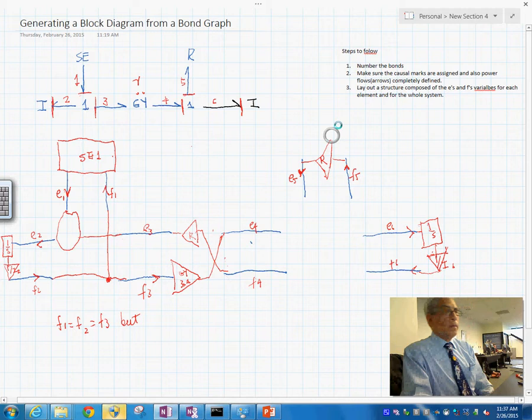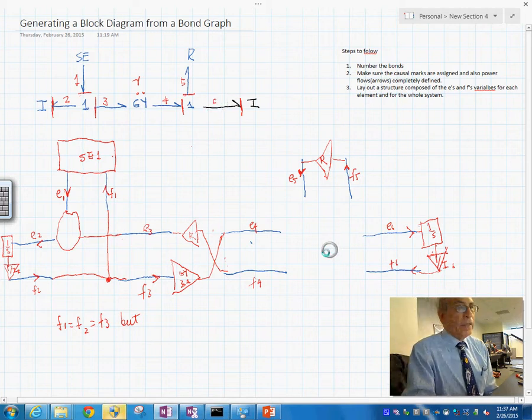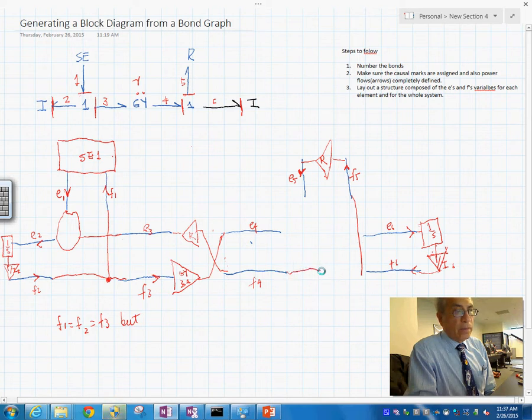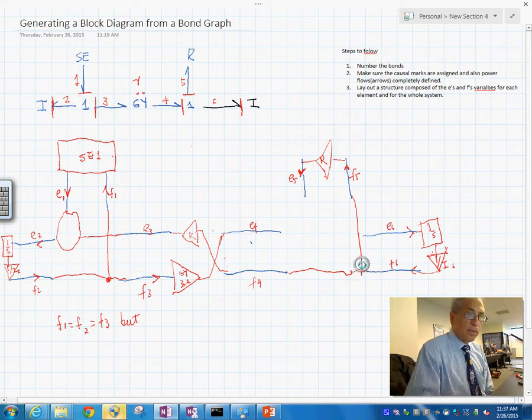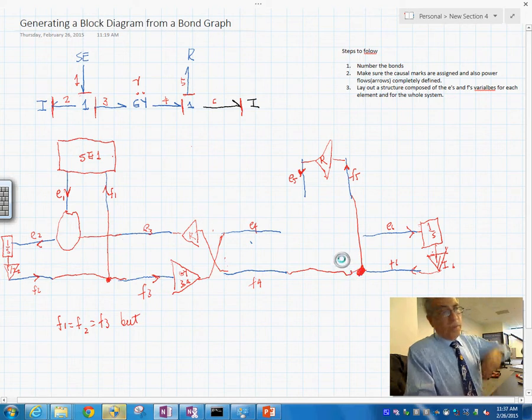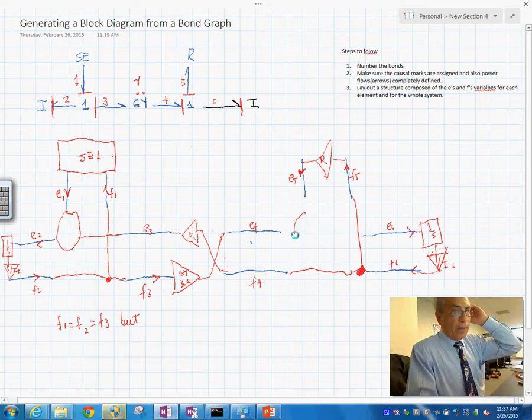And we're still not done because we have to do this one on this. But we know that the flows are the same. So this one has to be like this. So all the flows the same in one common point, but the efforts will sum, so we need to do that.